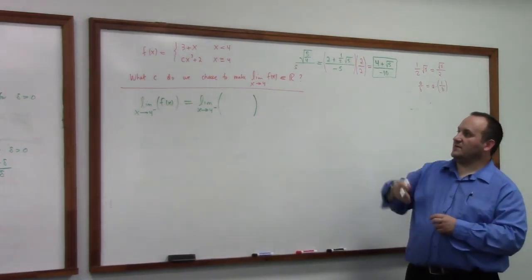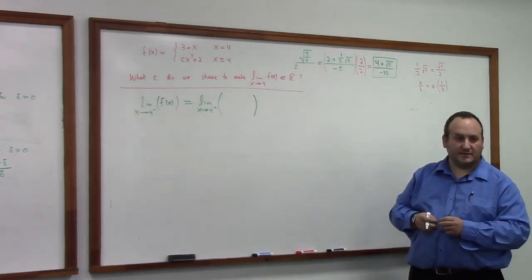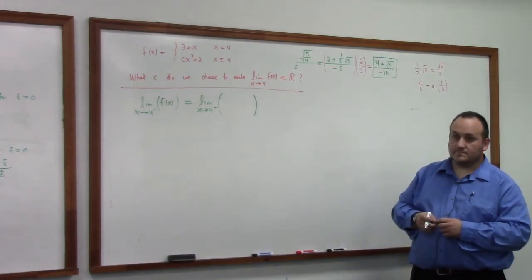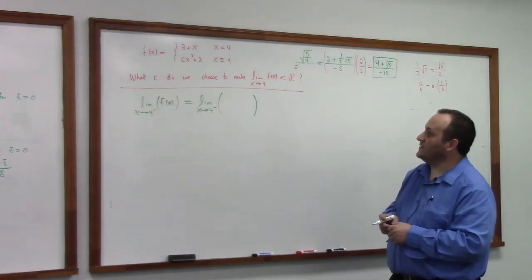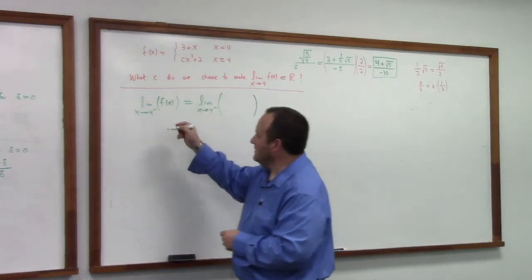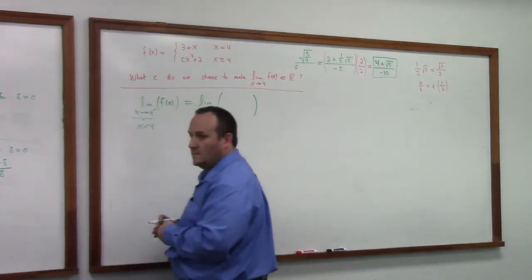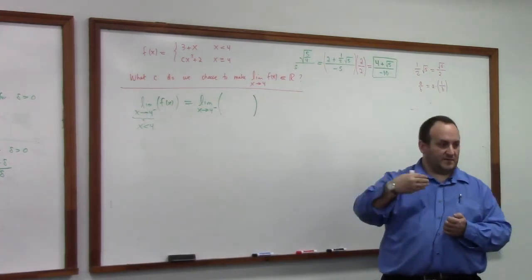Do I use 3 plus x? Do I use c x cubed plus 2? Which formula do I use? Which case am I in? This implies that x is less than 4, because we're approaching from the left.